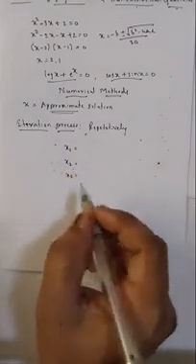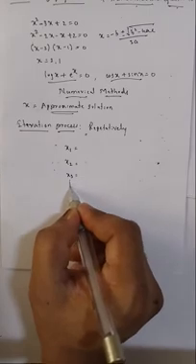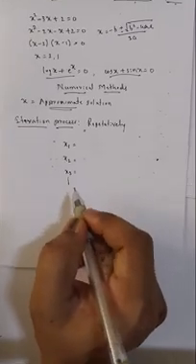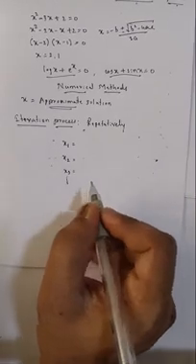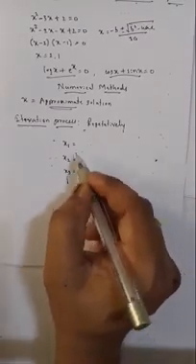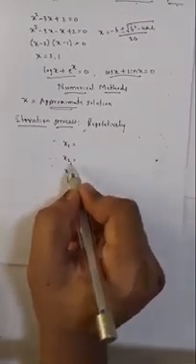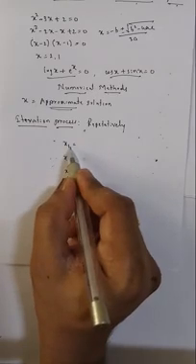Likewise we continue the process till we get a better approximation. So to find x2 we use the previous value.